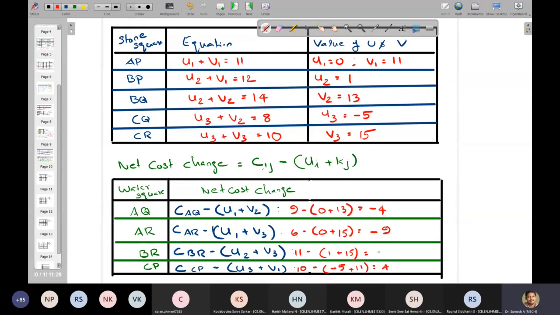Am I right? So net cost change, what is the status?